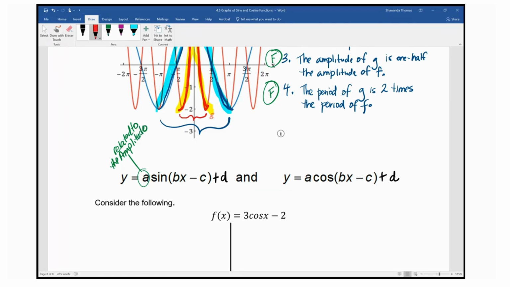All right, the B part helps us find the period. The C part is related to the phase shift.